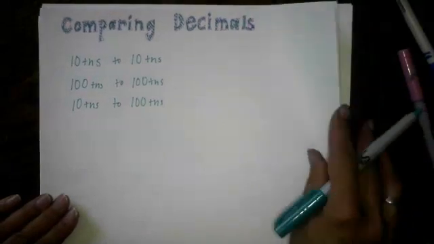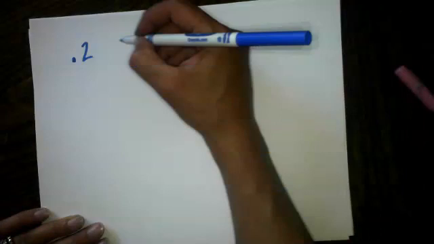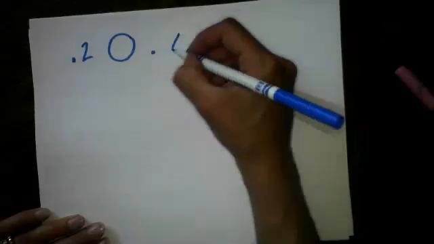So let's start with comparing decimals that are in the tenths to decimals that are in the tenths. So I'm going to simply write 2 decimals in the tenths. 0.2, which is 2 tenths, compare it to 0.8, which is 8 tenths.